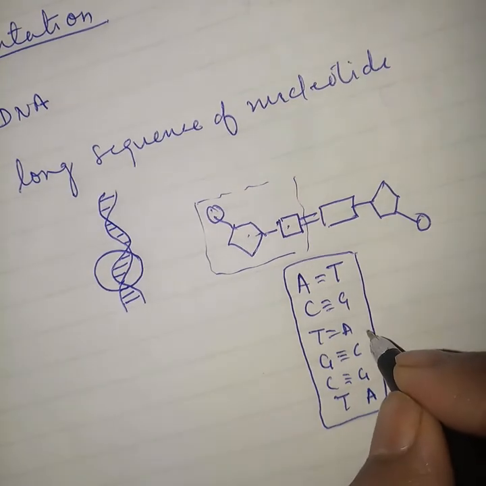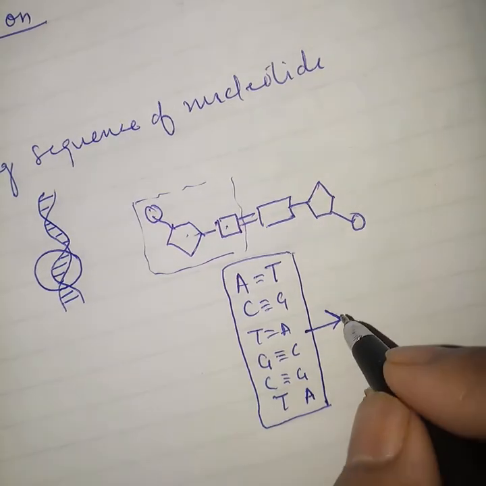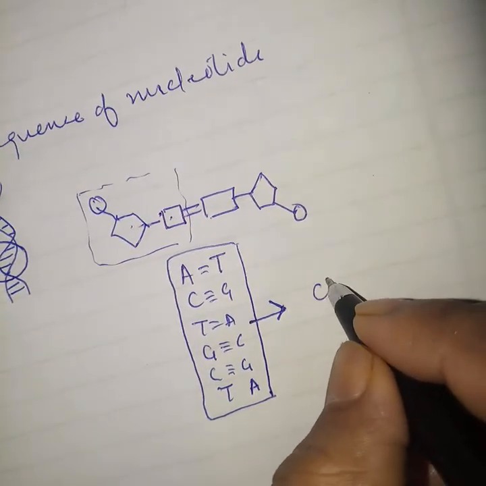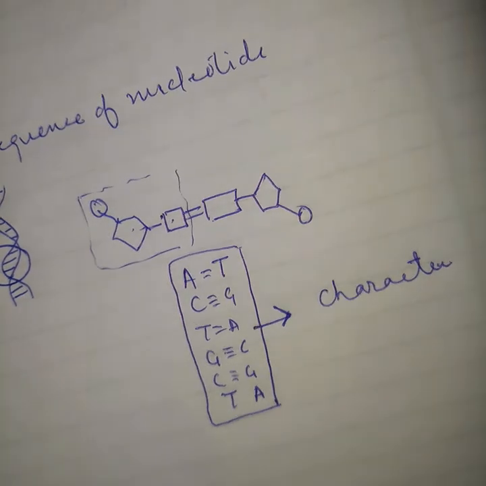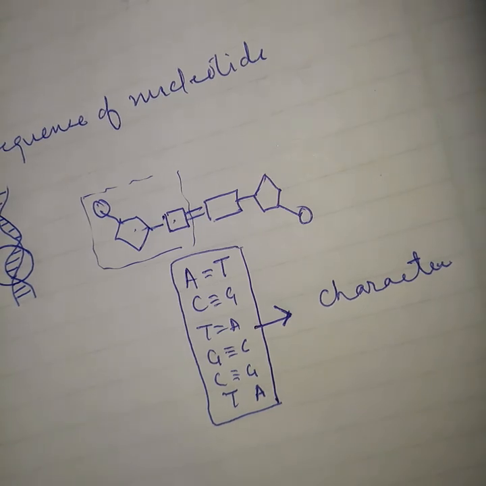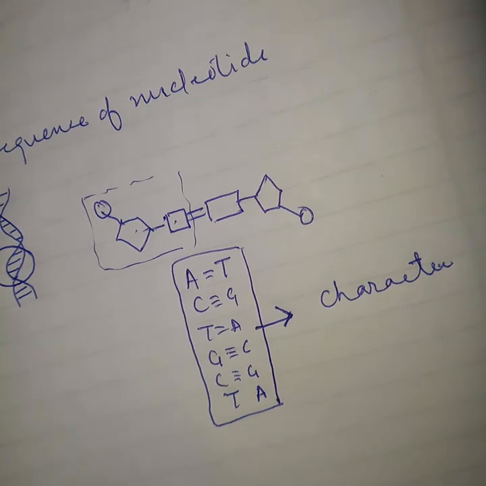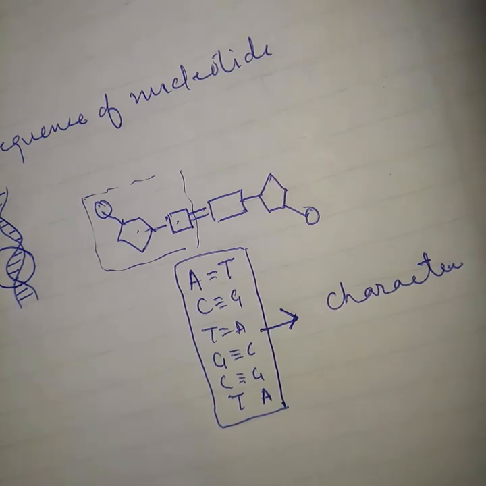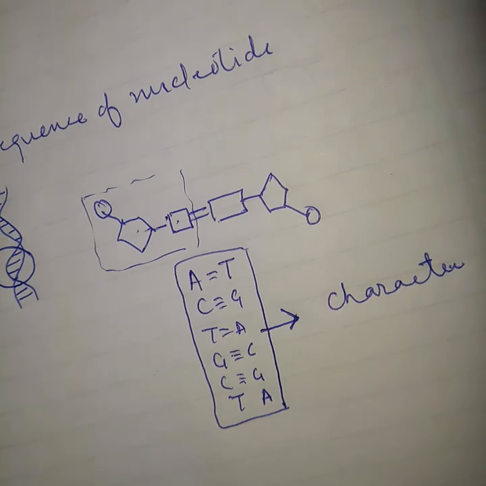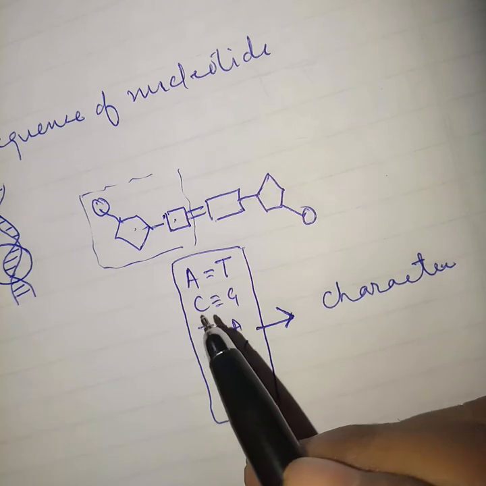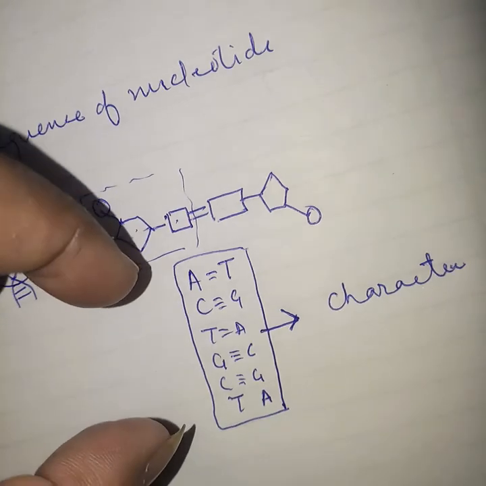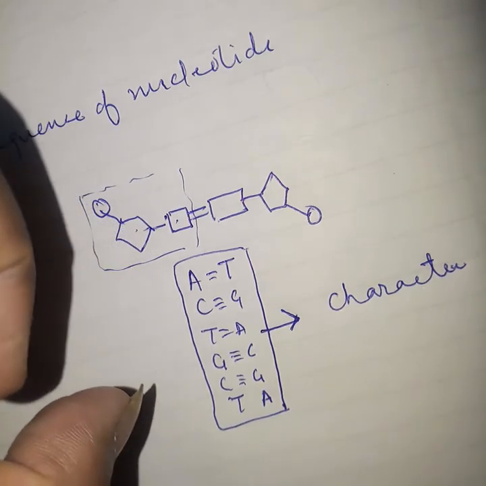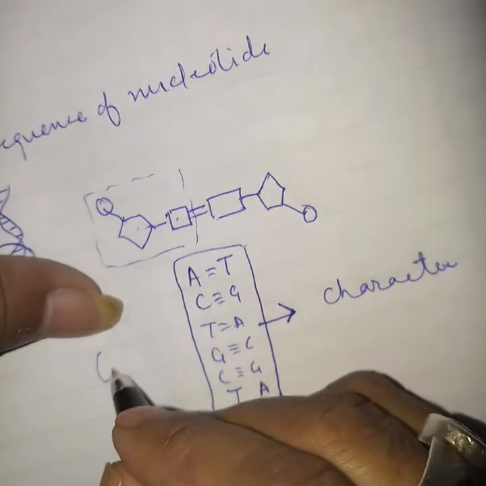This particular sequence is responsible for the expression of certain characters in your body, for example pattern of hair, body color, color of the eyes, shape of the nose, etc. Whatever characters or features we have in the body are due to the particular sequence of bases in the DNA, and a sequence of bases is called a gene.